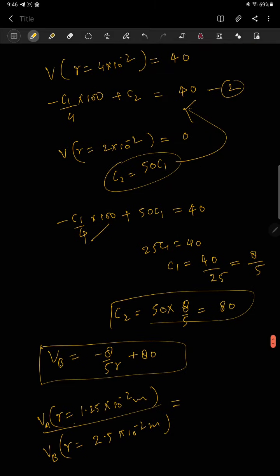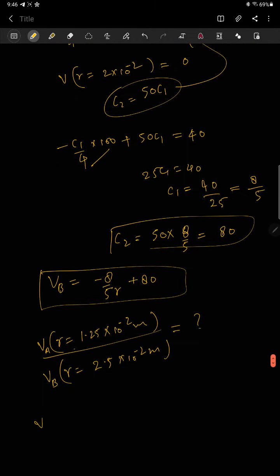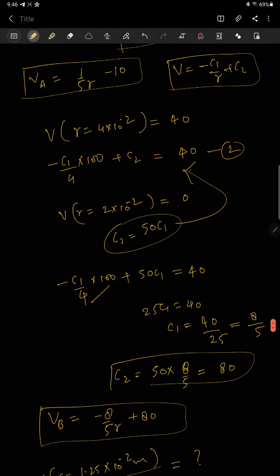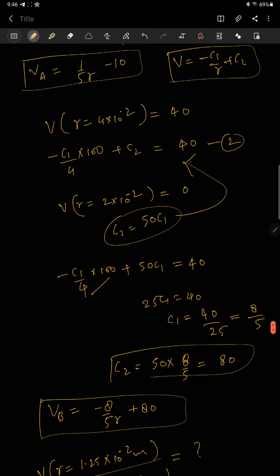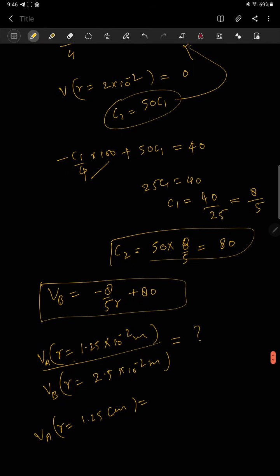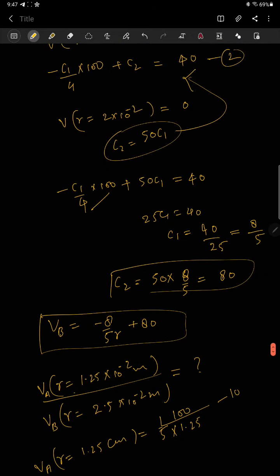So VA at R equals 1.25 centimeter will be minus 1 by 5 R minus 10, where R is 1.25 into 100.